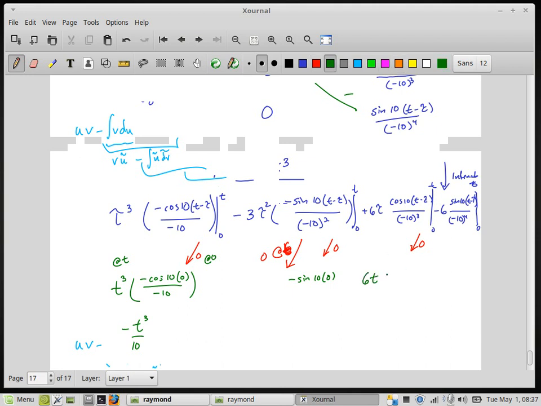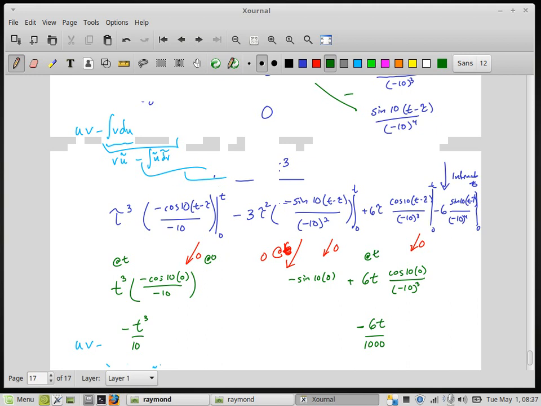Again, you're going to get a 1 over there. Negative 10 cubed. And this is a plus sign, so we're looking at minus 6t over 1,000. And that's at the t. Tau goes to t, so t minus tau goes to 0.